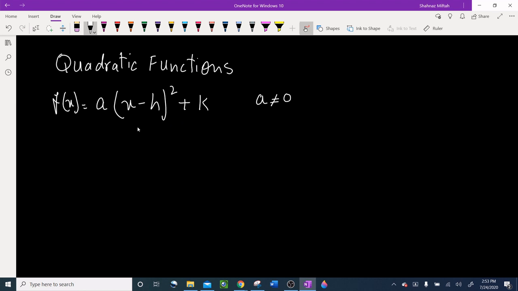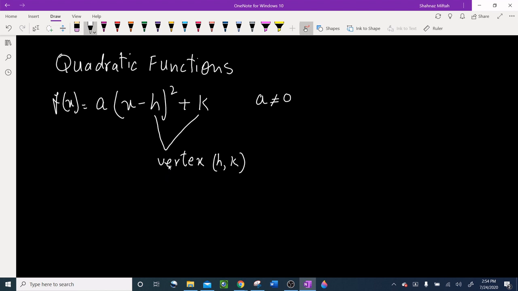In this one, the h and k is the vertex. h is an x value and k is a y value, like an ordered pair.